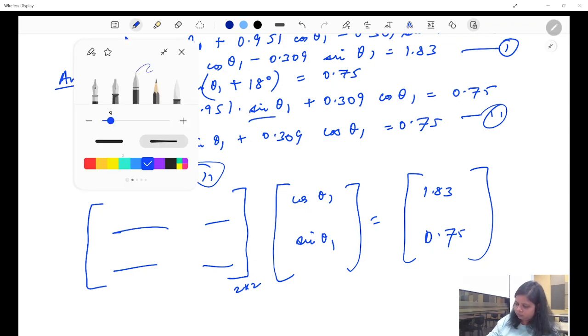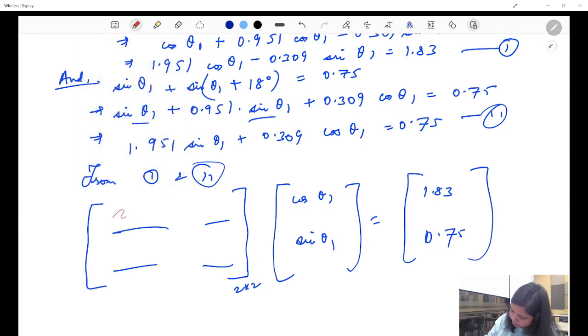First row elements 1.95 and minus 0.309. Second row 0.309 and 1.951. Very good. So this is the value that we'll have.